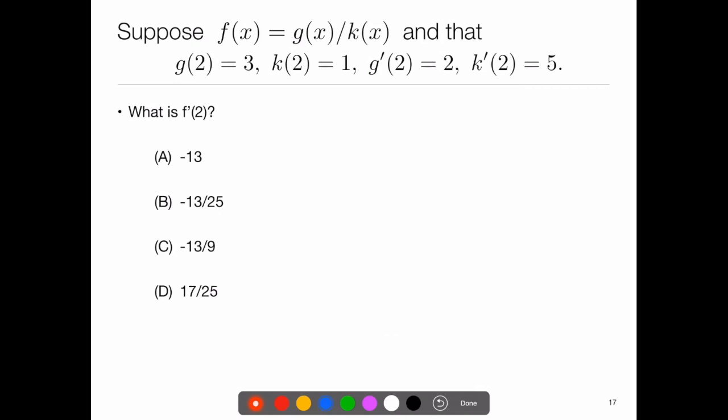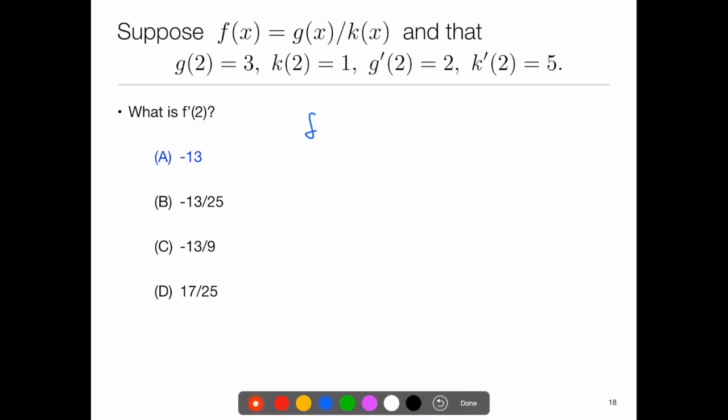Okay, assume you're done. So what is f prime of 2? So we have to refer back to the quotient rule formula. And so if you do that, you'll get minus 13 as your answer here. And so let's just go through that.